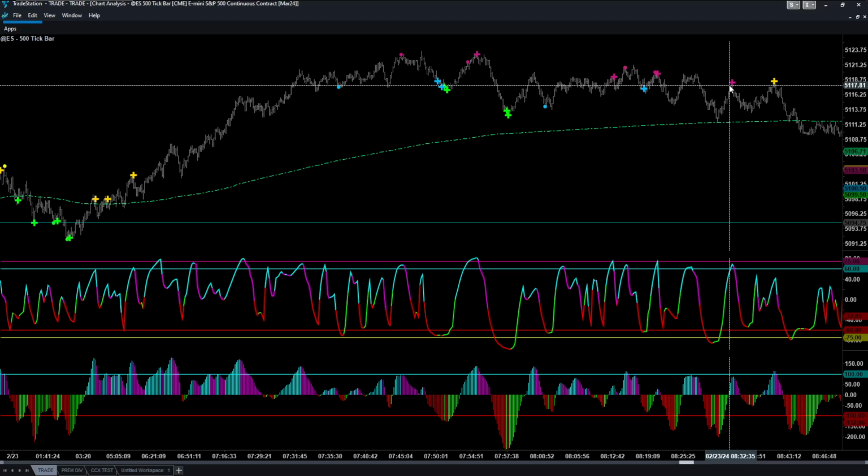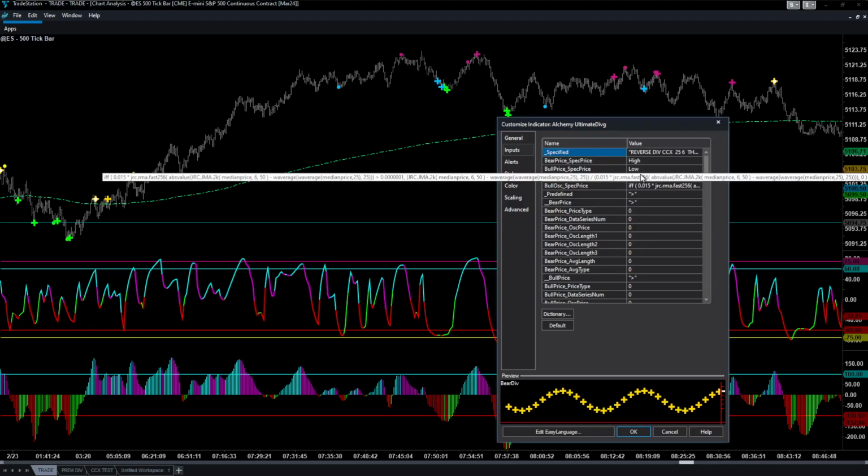Let's go back and just, this is the CCX set to 25 and 6. And it looks like I've got to expand the pivot here because I can't seem to find it. Let's get that real big.